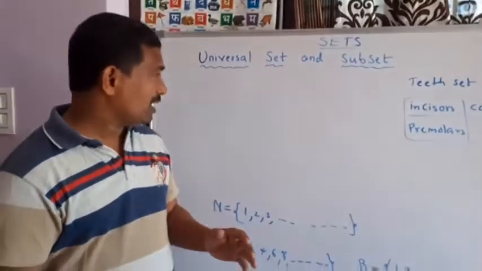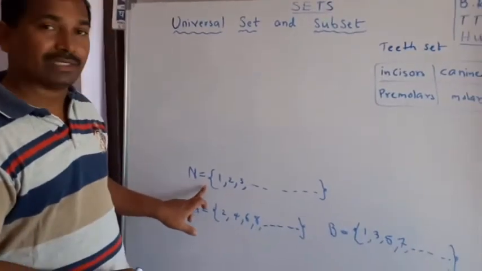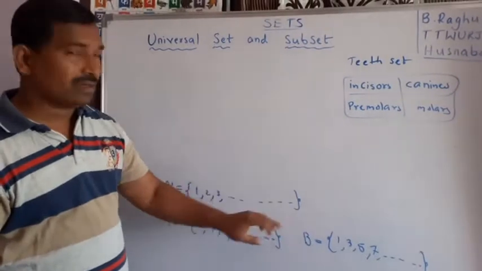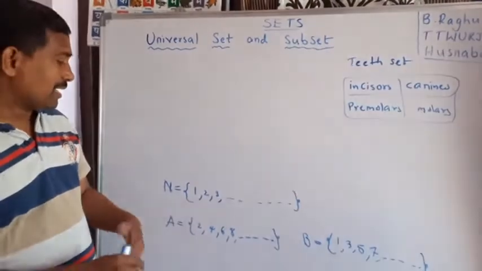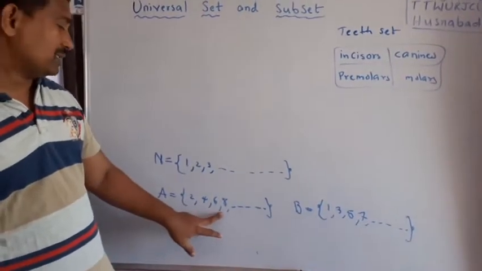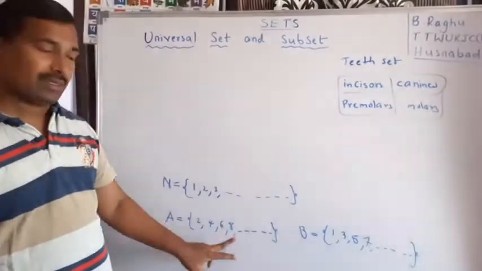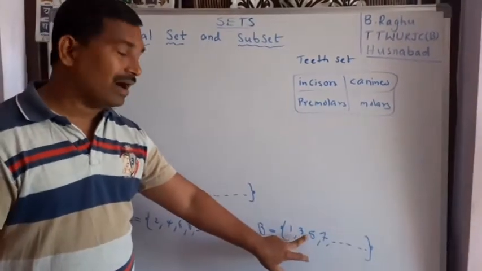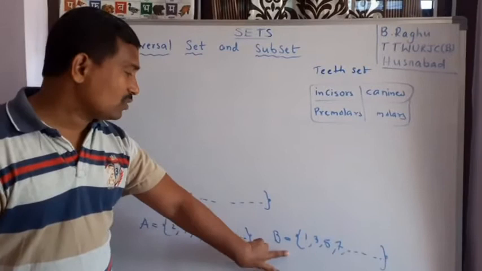For example, let us take the natural number set: 1, 2, 3, and so on. This is the natural number set. Now I am taking some more sets. A is the set of even natural numbers. B is the set of odd natural numbers. These two are the sets.